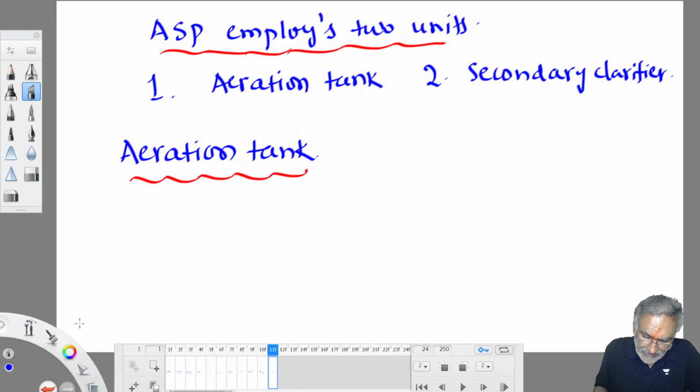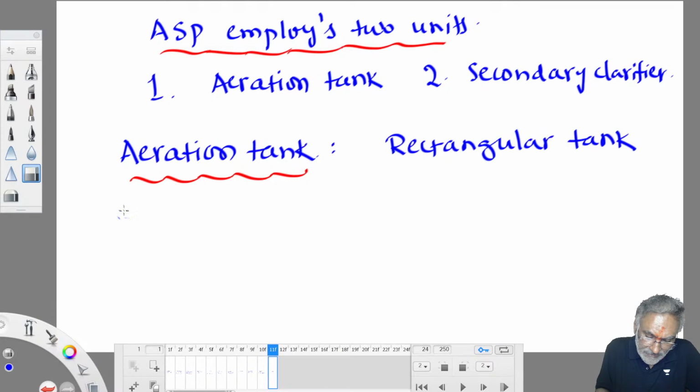Aeration tank is nothing but a rectangular tank provided with an oxygen supply arrangement, that is, a surface aerator. So oxygen is supplied externally.